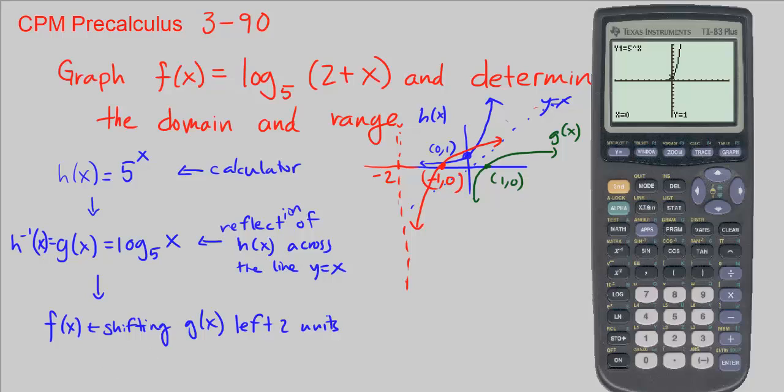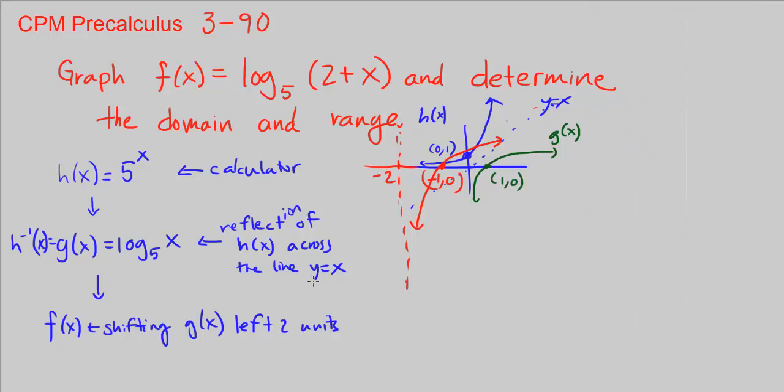Now let's talk about the domain and range. Let me write f of x here in red so we know blue refers to h of x, green is g of x, and red is f of x. For the domain of f of x, we're scanning from left to right using vertical lines, and where do we eventually run into our function f of x?